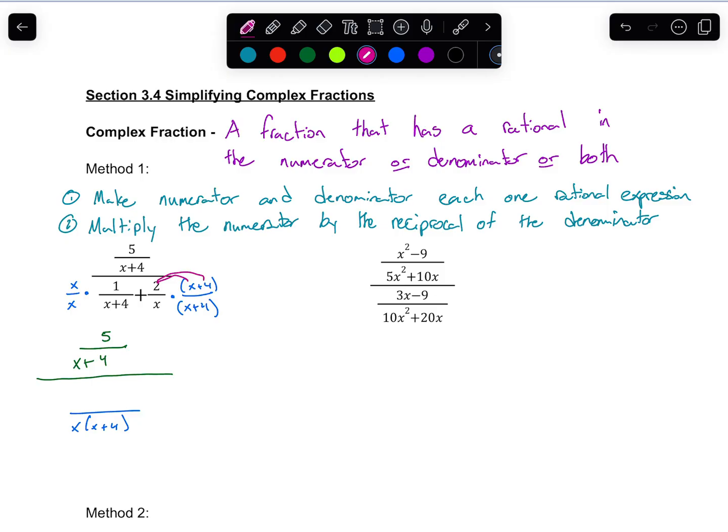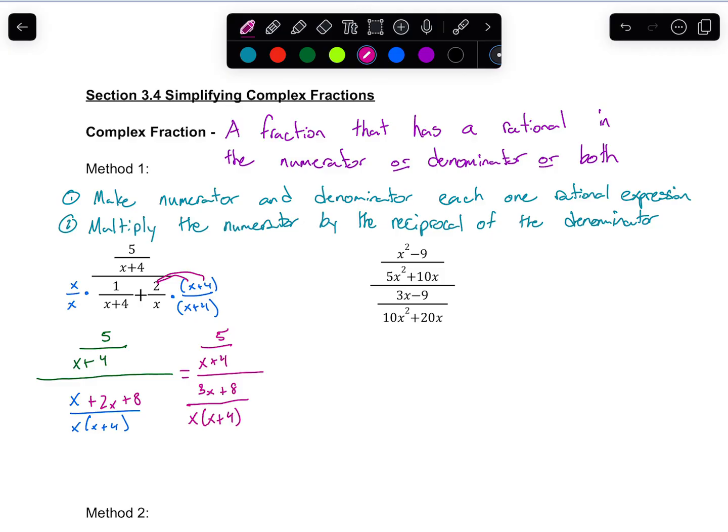So it would become x plus 2x plus 8. Okay, and I just combine our like terms here, so I'm going to simplify this a little bit more to make it 5 over x plus 4 all over 3x plus 8 over x times x plus 4.